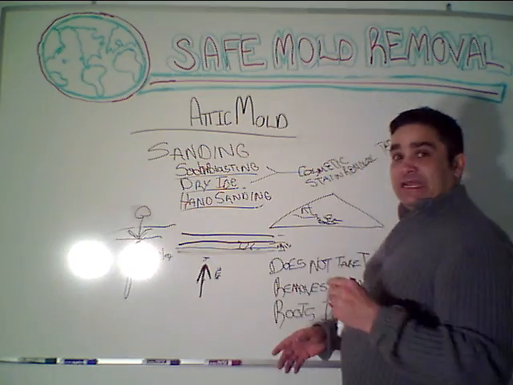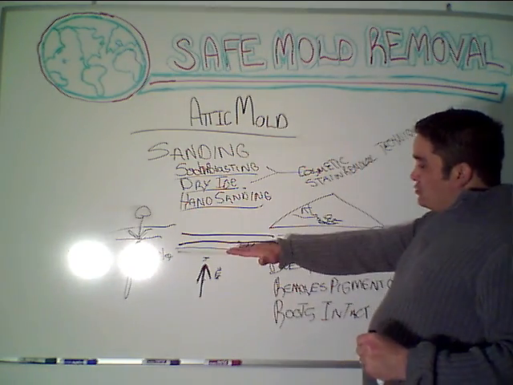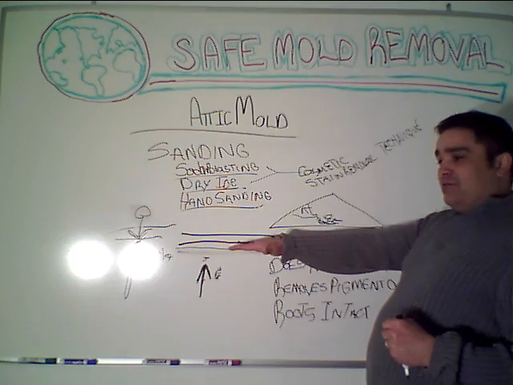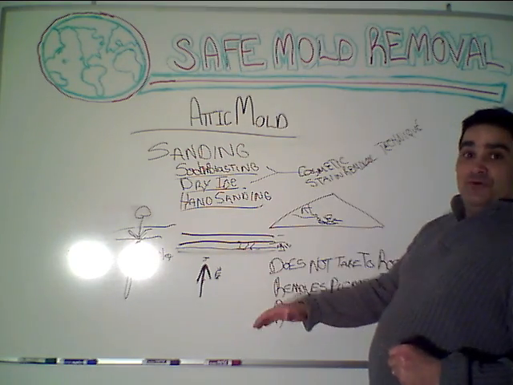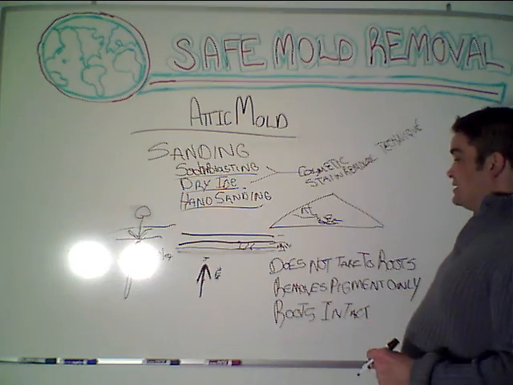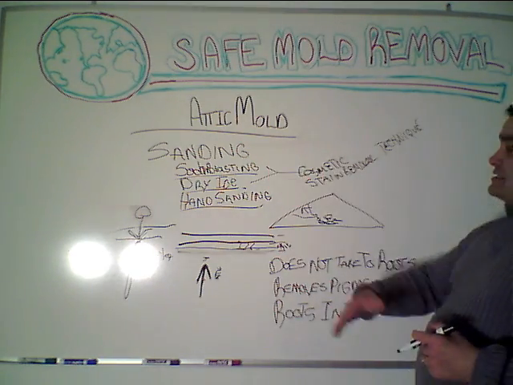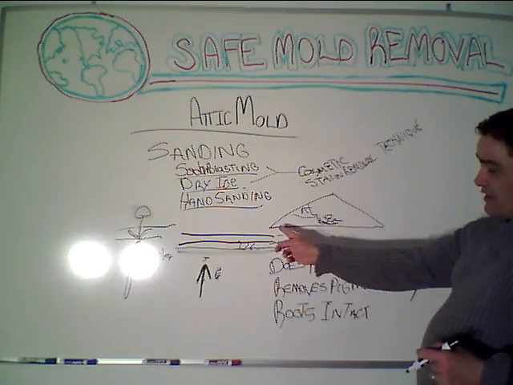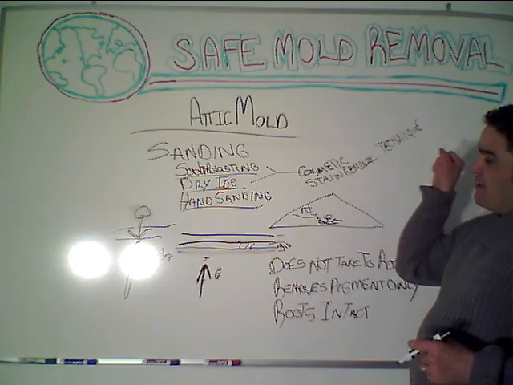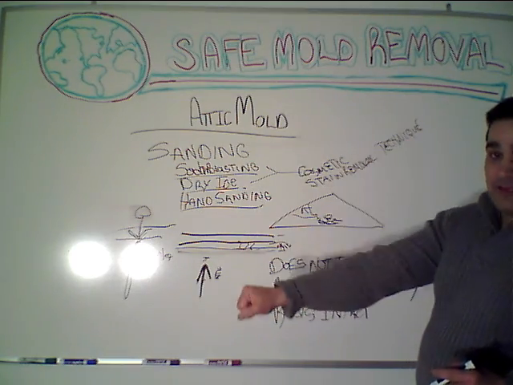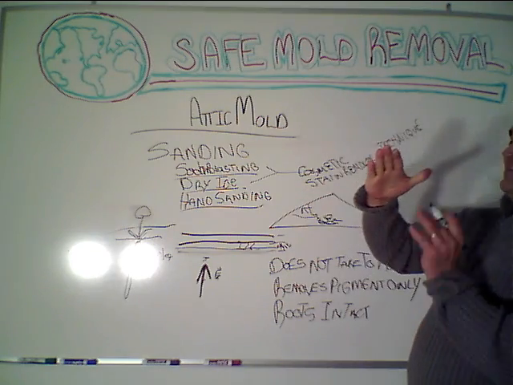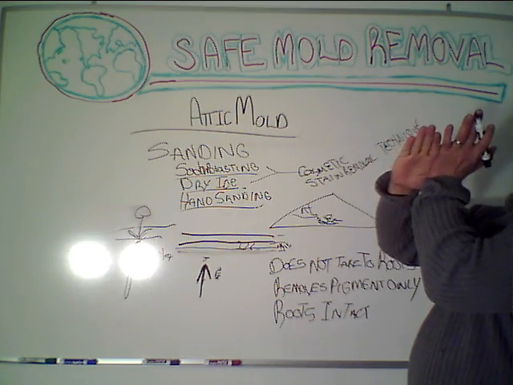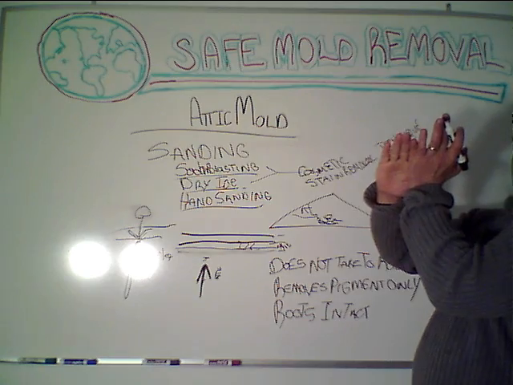Mold is a lot like a dandelion. It's the root structures that sustain the plant that cause all the enzyme reactions that break down the wood and feed the mold. So, the sandblasting and soda blasting techniques do have a cosmetic effect. They will abrade that pigment layer, the top 32nd of an inch of the wood. But what they leave beneath that's invisible to the eye are the root structures.